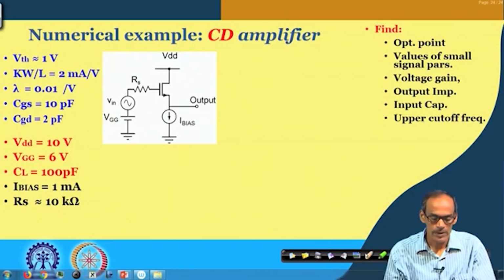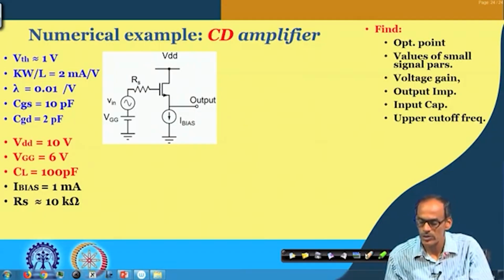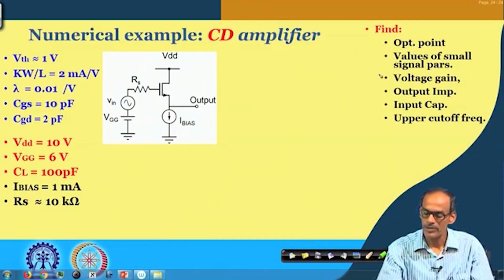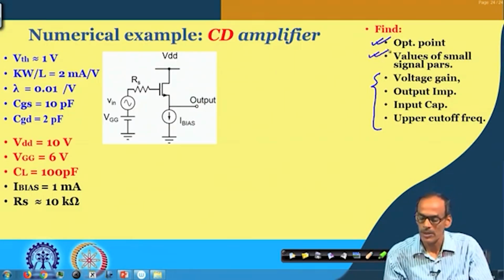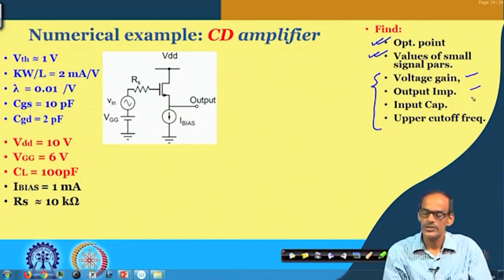Yeah, so here we do have the common drain amplifier. Again, for this circuit also, to find the performance parameters, we need to follow the same procedure. Namely, we need to find the operating point, then we need to find the small signal performance parameter values, and then we can find the corresponding voltage gain, output resistance, then input capacitance, and so on.